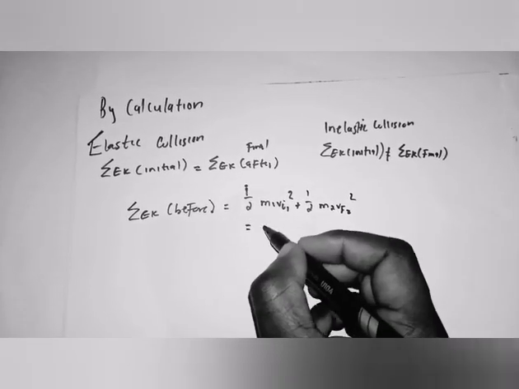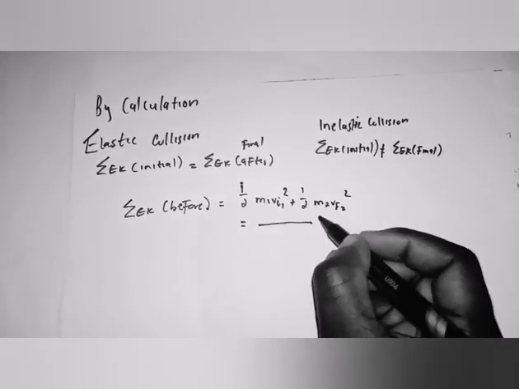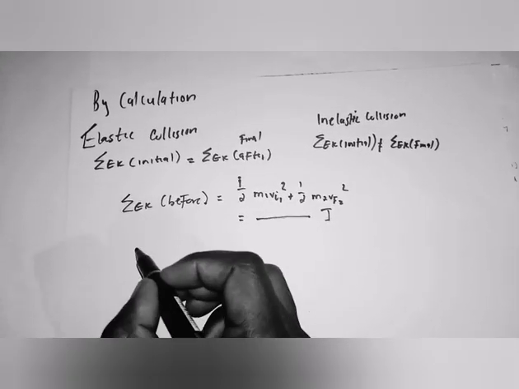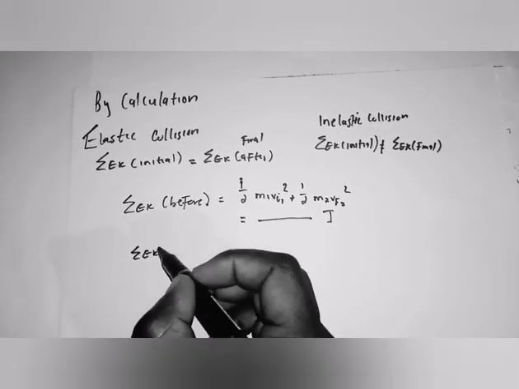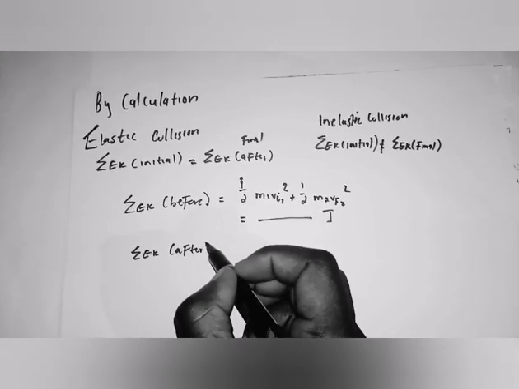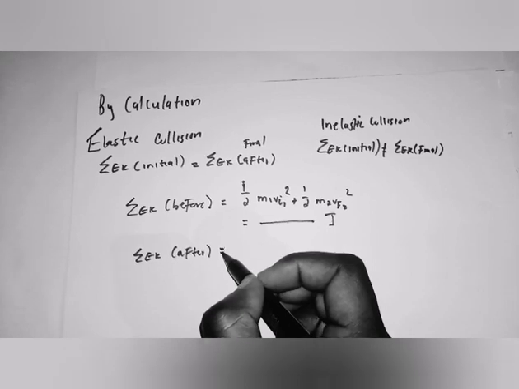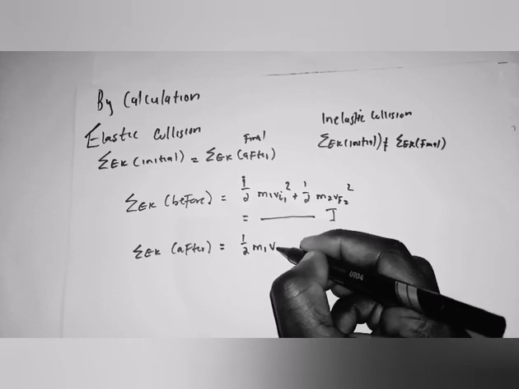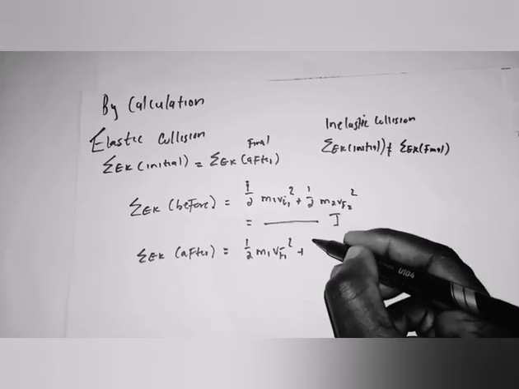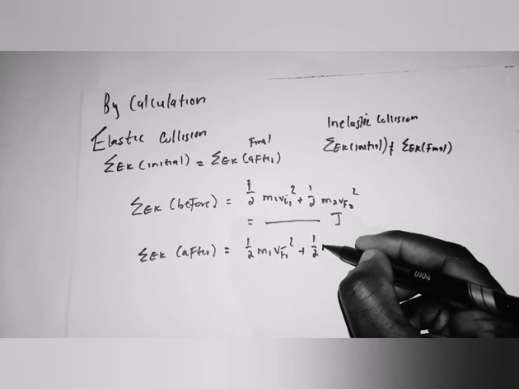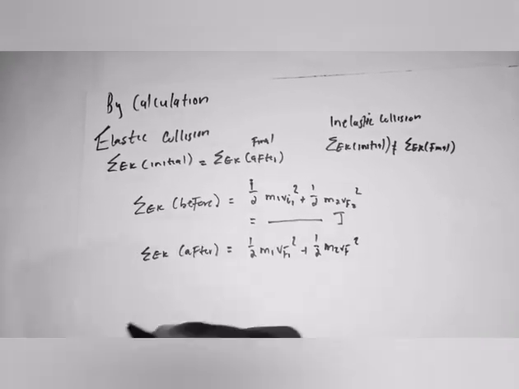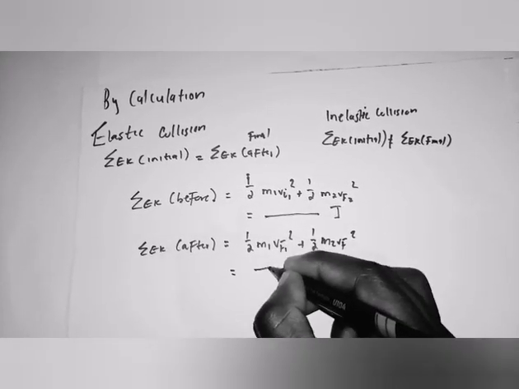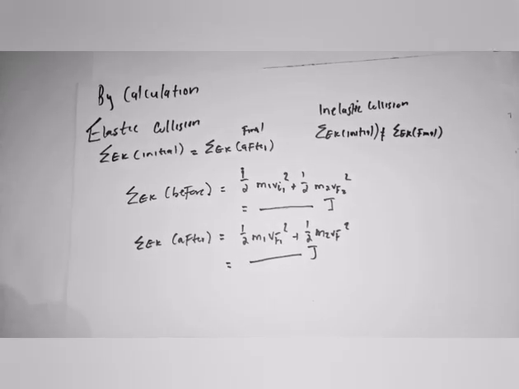Sorry, I wrote VF2, it's VI2. So you get your answer, then you put joule because it is energy measured in joules. Now, again, you calculate sigma EK after. Pay attention, which is half M1 VF1 squared plus half M2 VF2 squared. Now you get your answer, you put the correct SI unit, which is joules.